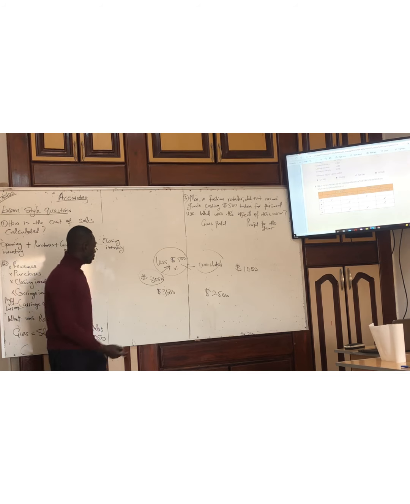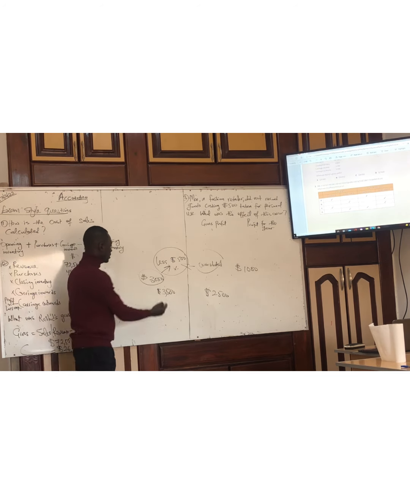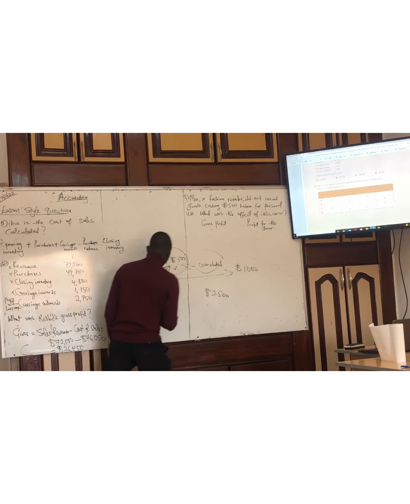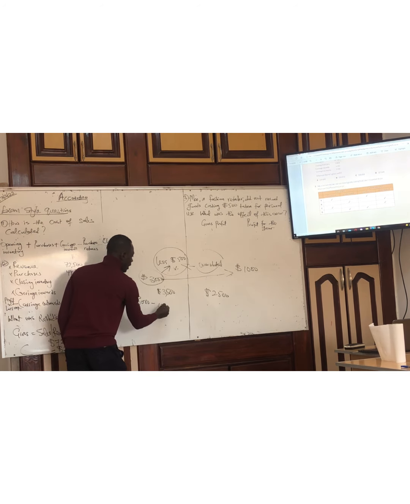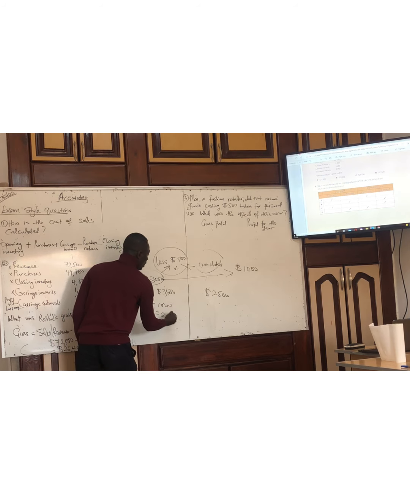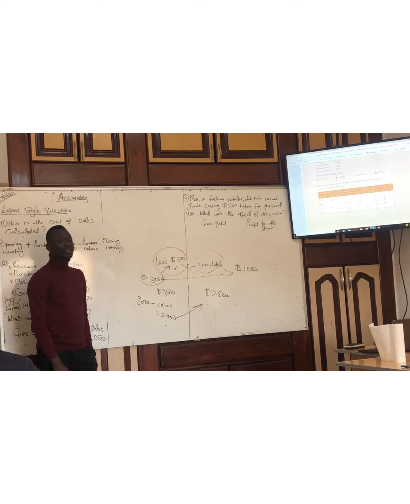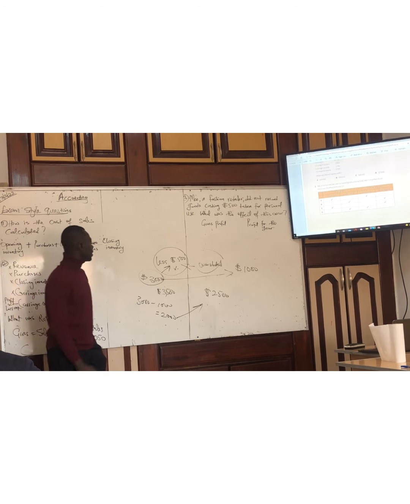Understated. How do we know? Our gross profit is supposed to be what? 3,000. Then our expense is still this. So 3,000 minus 1,000 is supposed to be what? 2,000. So is it overstated or understated? Overstated. So your gross profit will be overstated and your net profit will be overstated. Is it clear? Yes. Great.